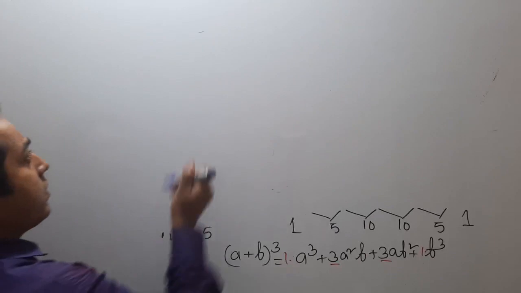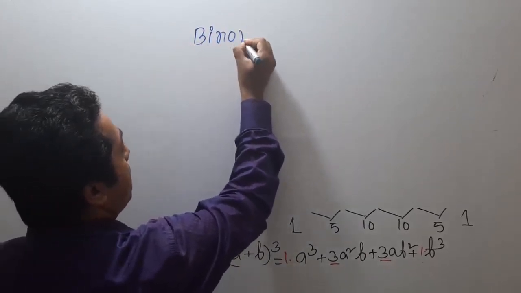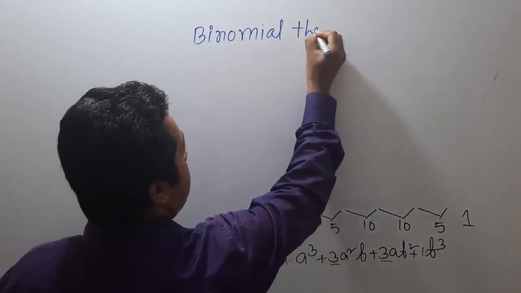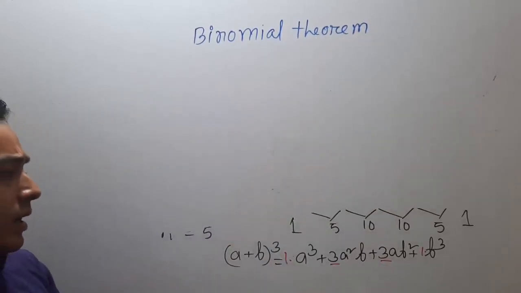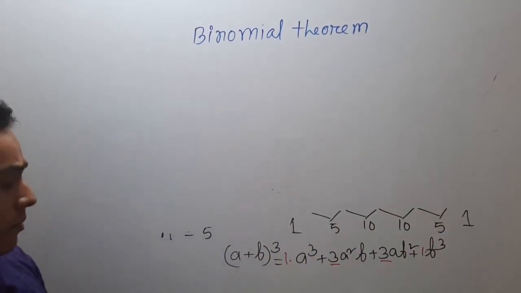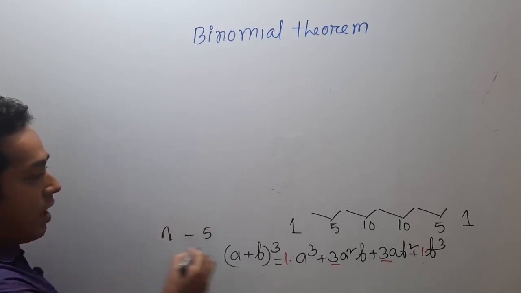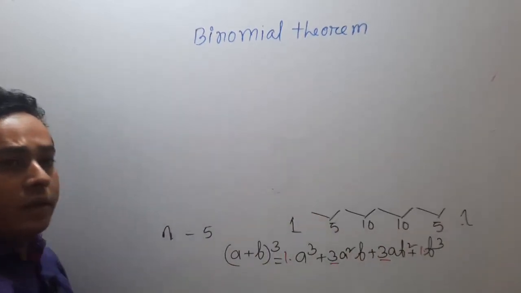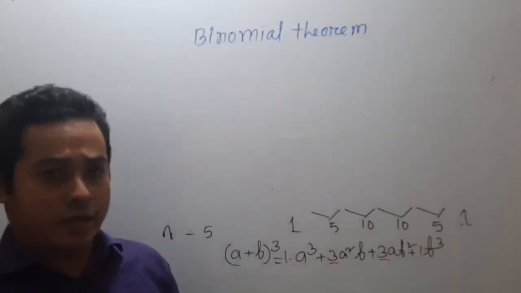Just for example, for n is equal to 5, our coefficients are 1, 5, 10, 10, 5 and 1. We can verify these coefficients by the binomial theorem.